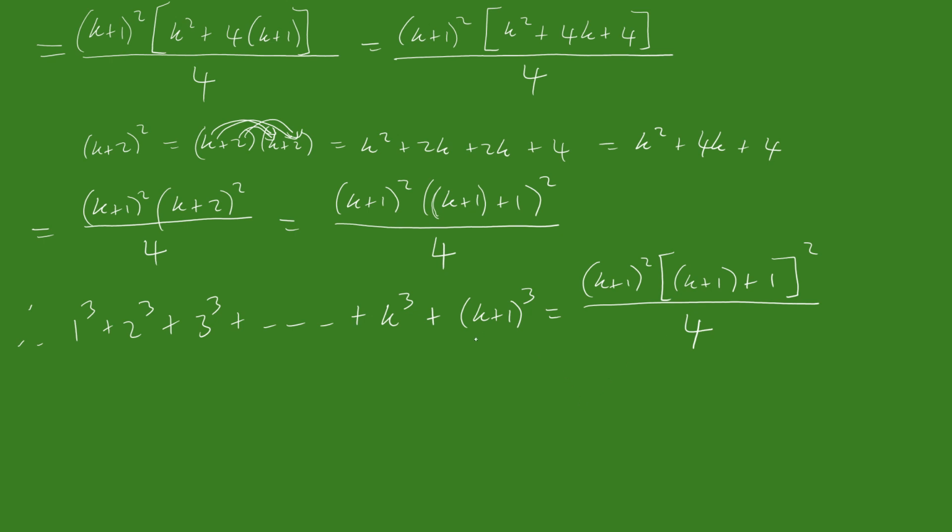Now if you remember, before we add this extra term of (k+1), our original series was 1 cubed plus 2 cubed plus 3 cubed, up to k cubed, equal to k squared into (k+1) all squared over 4.